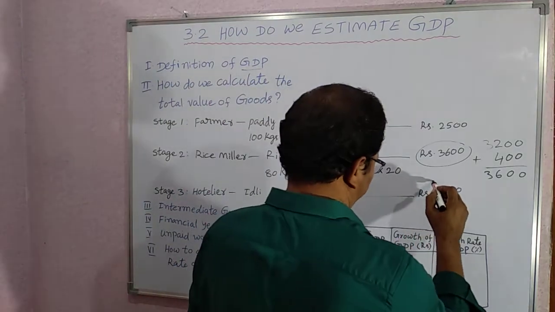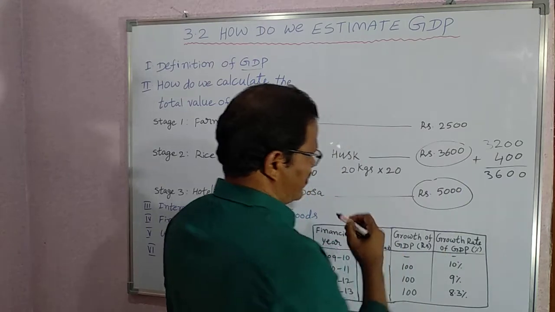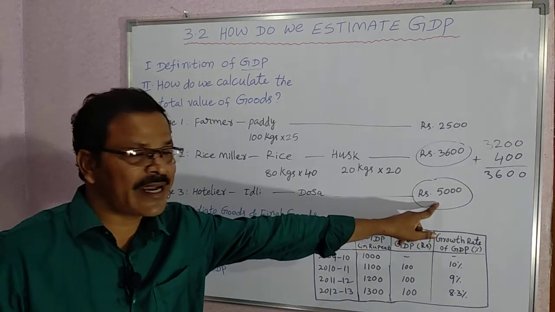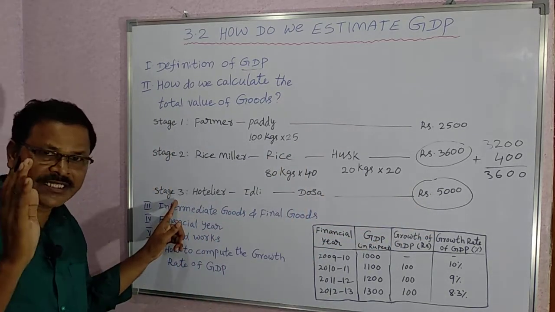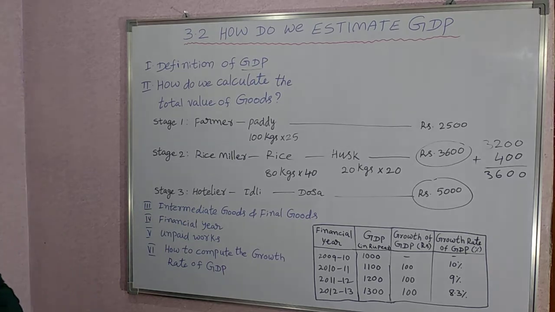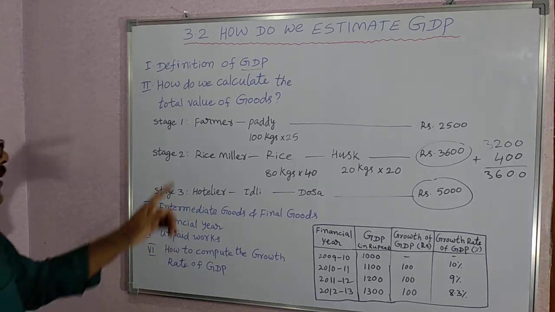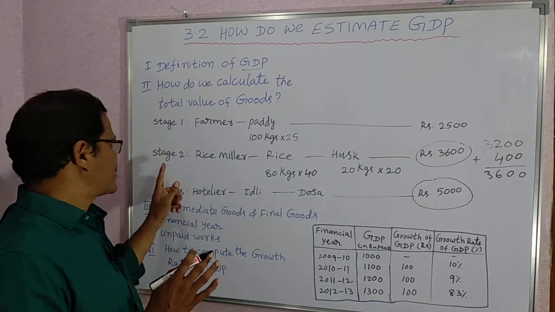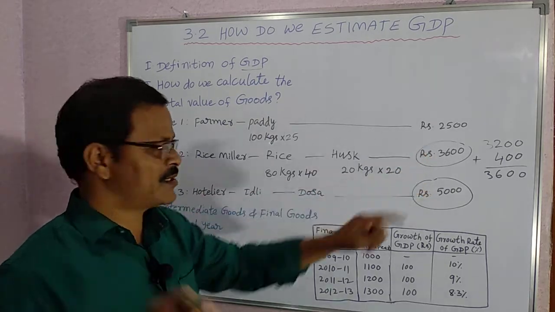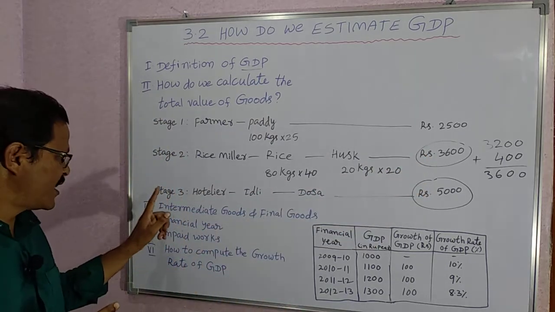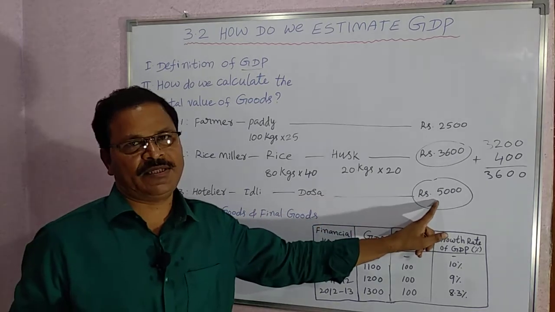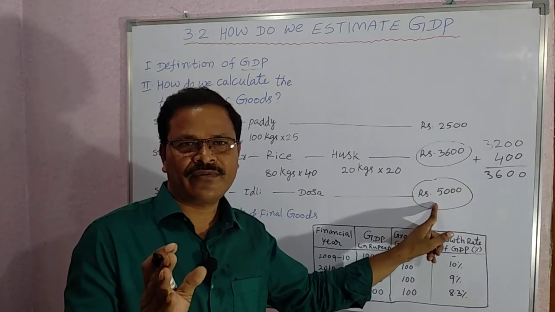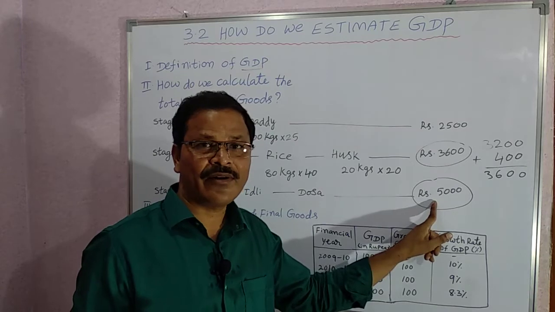This is the value of paddy at the hotelier, that means at stage 3. The value of paddy at stage 1 is 2,500 rupees. At stage 2 it is 3,600 rupees. At stage 3 it is 5,000 rupees. This is the final value of paddy.